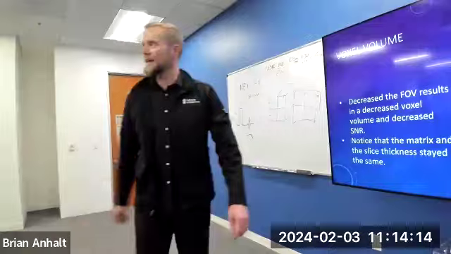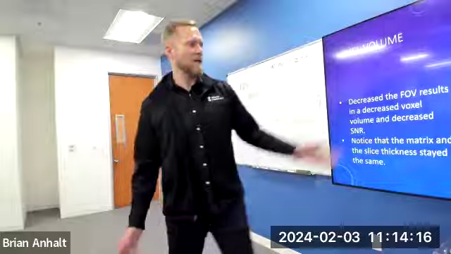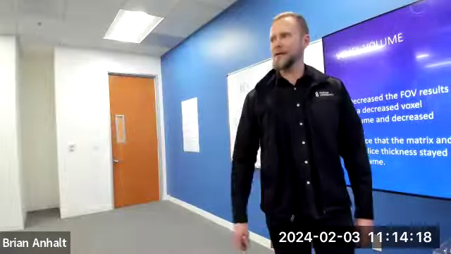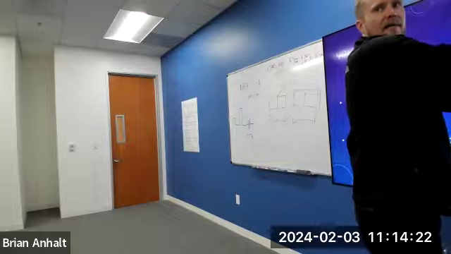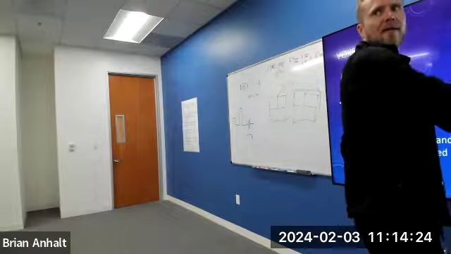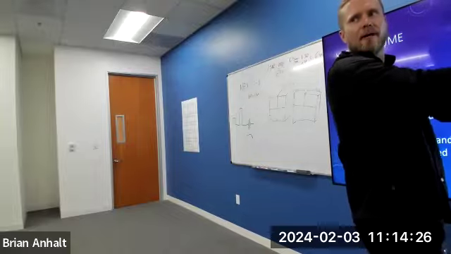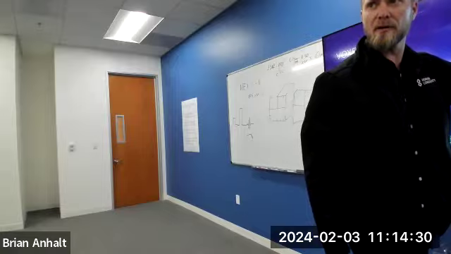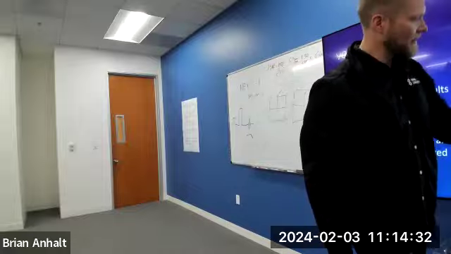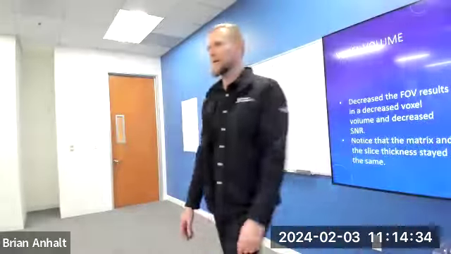It's a quarter of the size, right? Why isn't it half? We have the field of view, but we did it in 2 directions, right? It's now 20 here and 20 here. So we halved it in 2 directions. 2 times 2 is 4, right? So our voxel size is a quarter of the size that it was before. Halving the field of view did what to our SNR then?